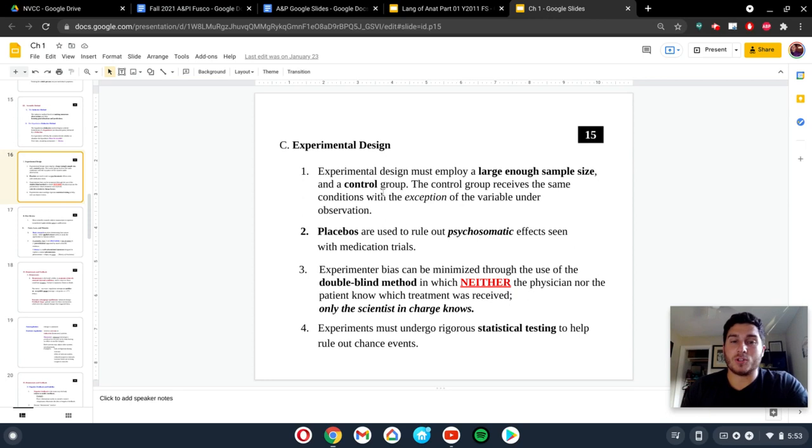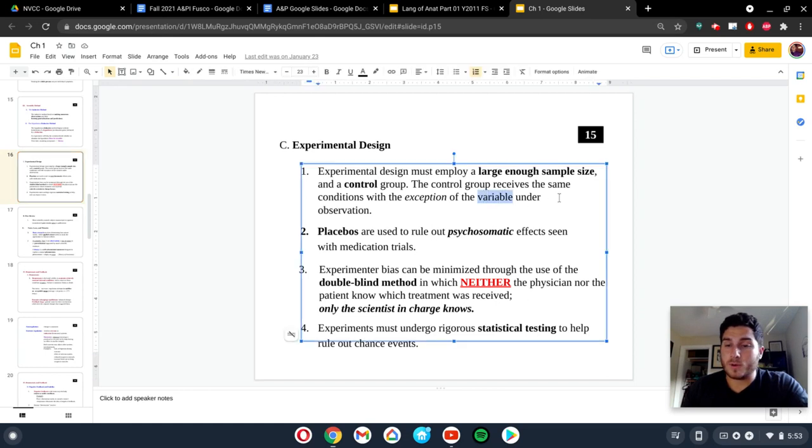With that said, you also need control groups. A control group is a group that's going to receive the same conditions, but without the variable being observed. For example, the variable that I am observing would be the vaccine.